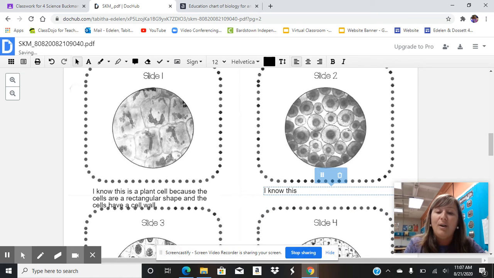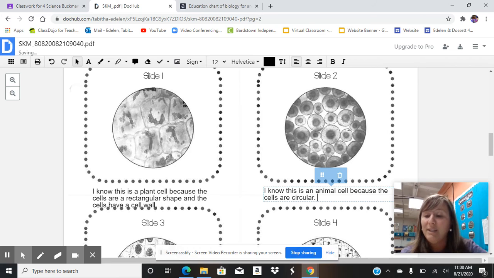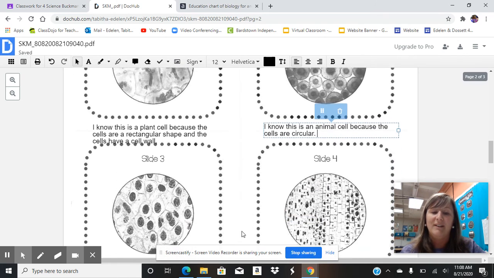So I'm going to put, I know this is an animal cell. And I'm going to provide my evidence because the cells are circular, and I know it's an animal cell because they have a cell membrane. They don't have a cell wall. Remember that, okay? All right.